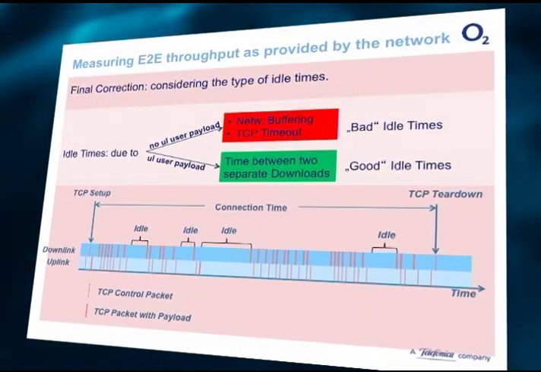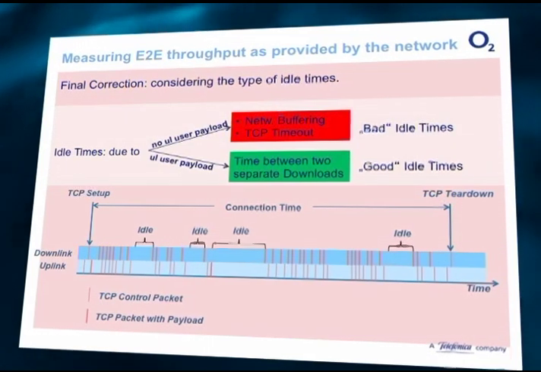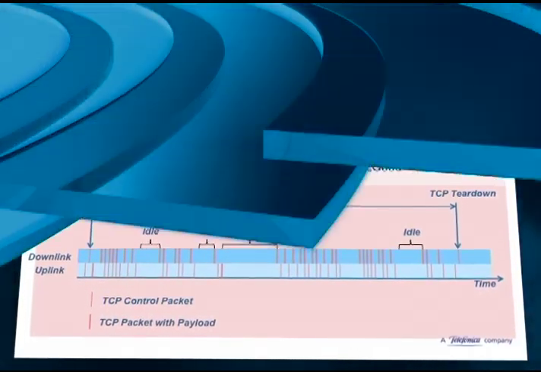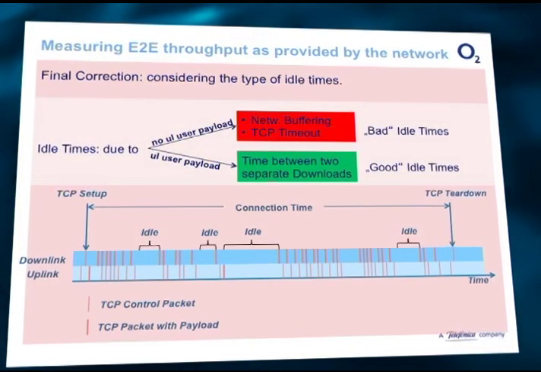Some idle periods really may correspond to separate downloads following each other. HTTP 1.1, for example, uses persistent TCP connections, so there are many things going on sequentially within one TCP session. So this is ruled by the application.